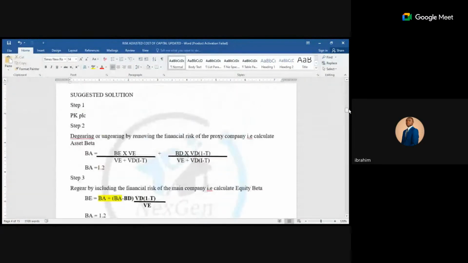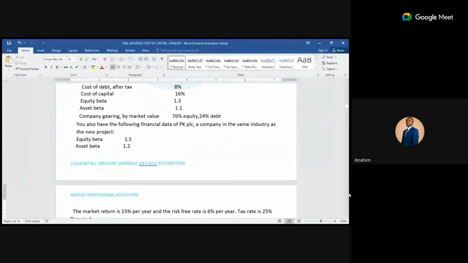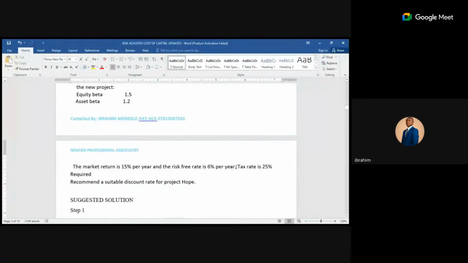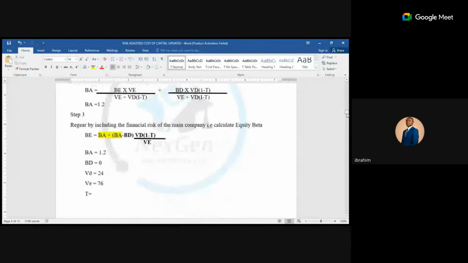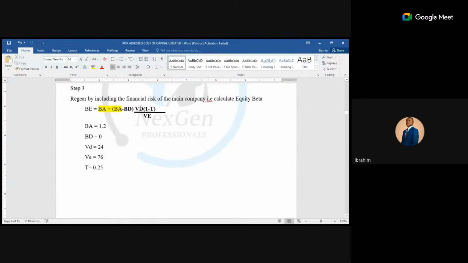What is the tax rate of the main company? They just give us only one tax rate. Sometimes you may be given the tax rate of the proxy company as well as the main company. Since they just give us this one tax rate of 25%, we assume that 25% will be for the two. So we can now have 25% as our tax rate. Class, what is the equity beta?